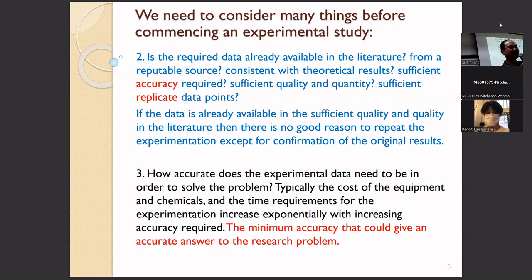That means you need a standard. You have to check with the true value. If you measure the density of water, you have to know what the density of water is, and then you measure the density of water with your equipment and check against the standard. This is accuracy, correct or not.